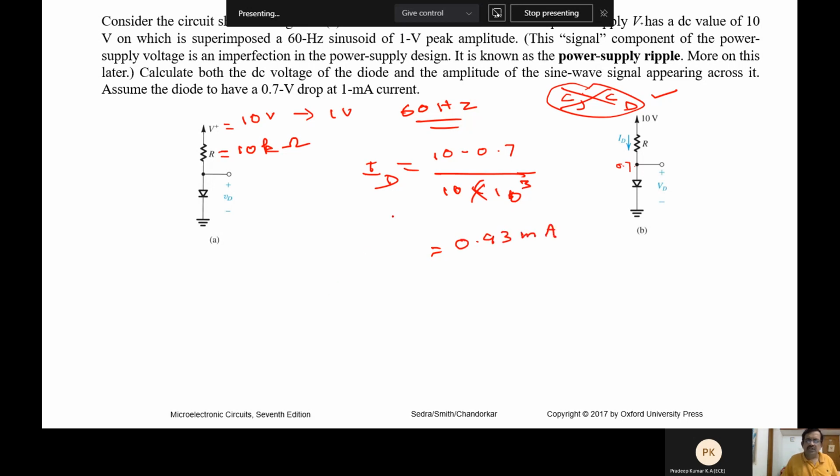That is the current, steady state current. Now once I have that, I can find what is needed to perform the analysis. Remember, it is asked to calculate both the DC voltage of the diode.